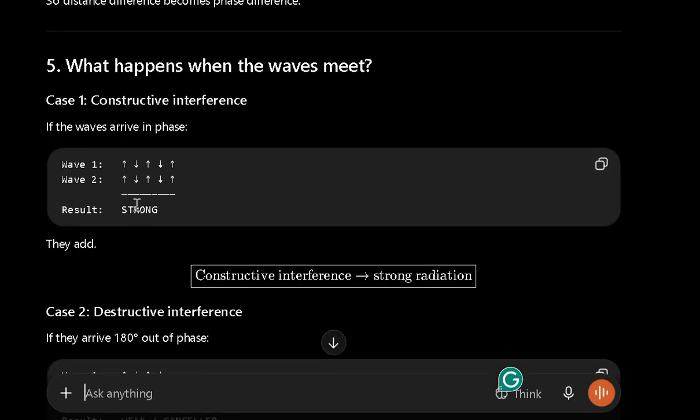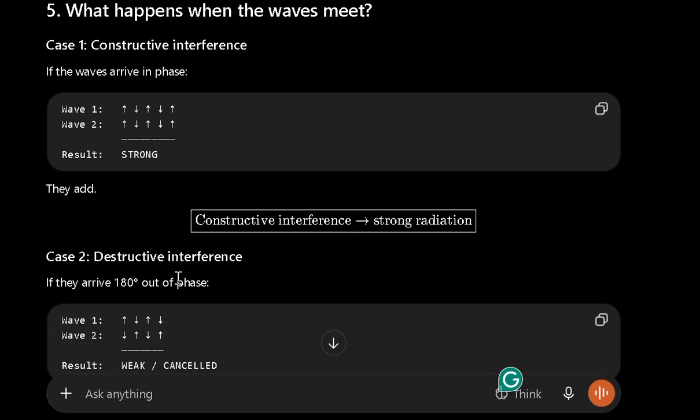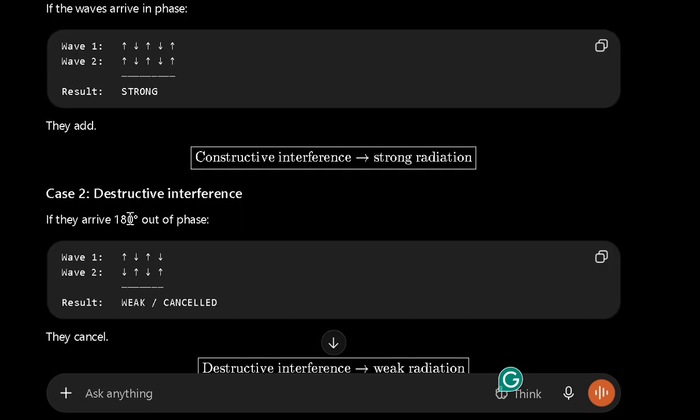What happens when the waves meet? Constructive interference: if the waves are in phase, wave 1 and wave 2 add up, resulting in strong radiation.